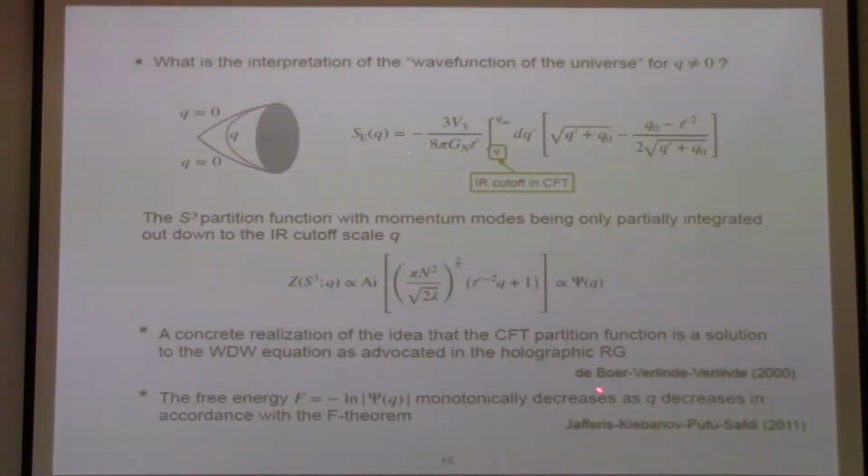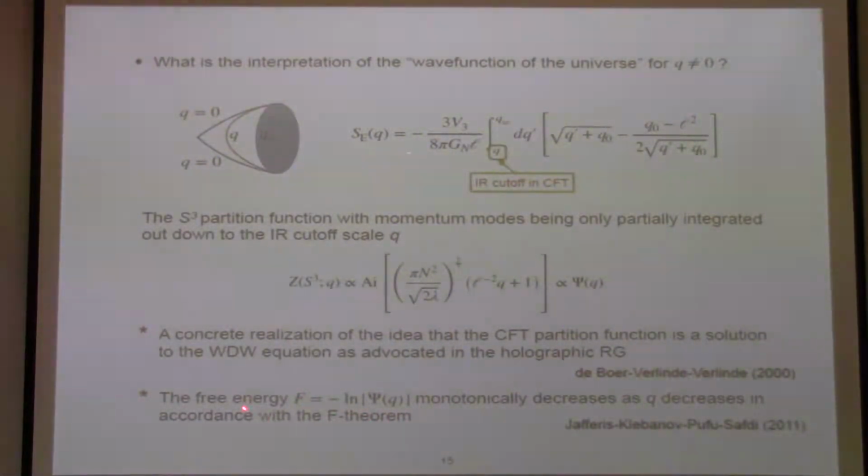In fact, in 2000, a long time ago, Dubois and Ferrinde suggested that the conformal field theory partition function is a solution to the Fourier-Duet equation, and this is in a way a concrete realization of their idea.